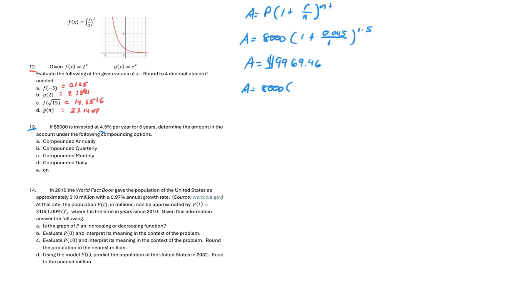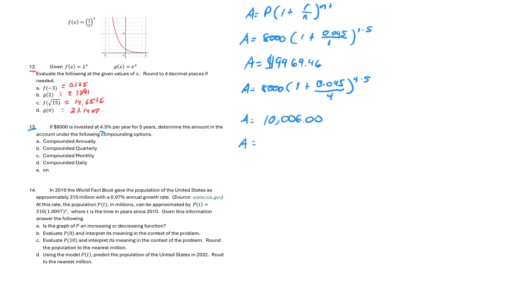So similar setup, but now we're compounding quarterly. 0.045, we'll divide that by 4 this time, but then our n up here is also 4 times 5. So the amount that we'll get here should be, after rounding, $10,006 even.